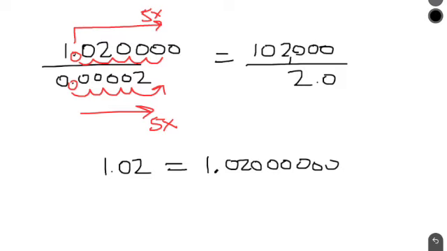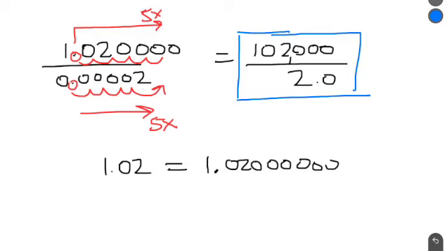Let's use our calculator again and verify one more time that our approach is consistent. The first problem we type in is 102,000 divided by 2.